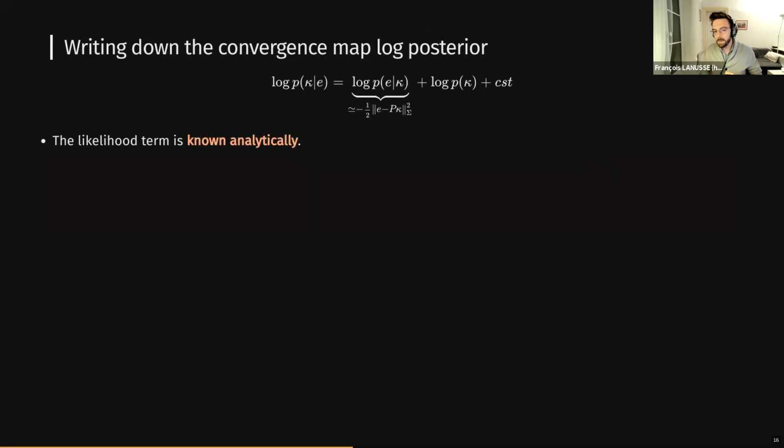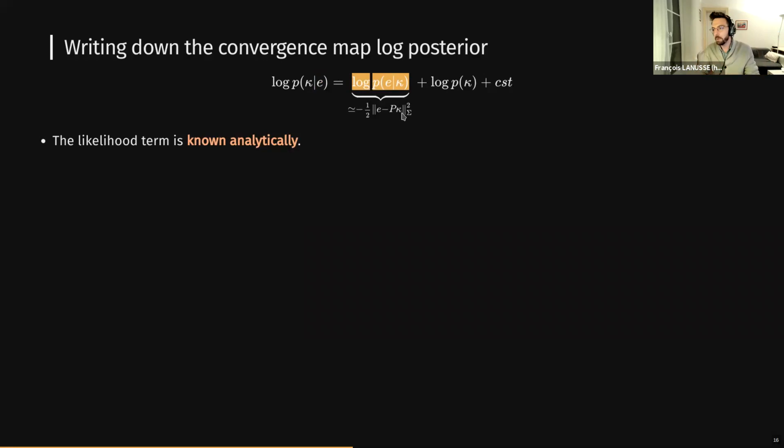So how do we overcome this? Well, let's put on our Bayesian hat back again, and let's think of the problem from a Bayesian perspective. So what we're interested in modeling is the full posterior distribution of convergence maps given the measured ellipticity. And again, you can split it into a likelihood and a prior. So the likelihood term here, if you remember what I said before, this is where you can put all of your physical knowledge.